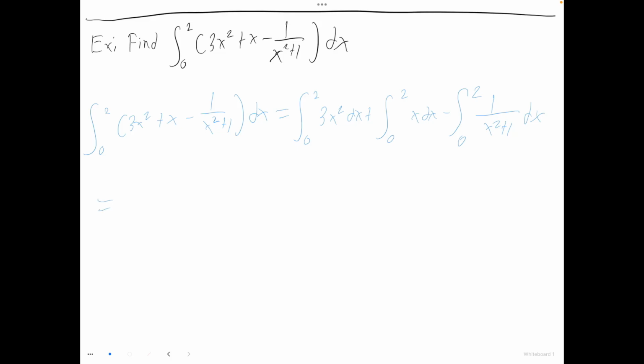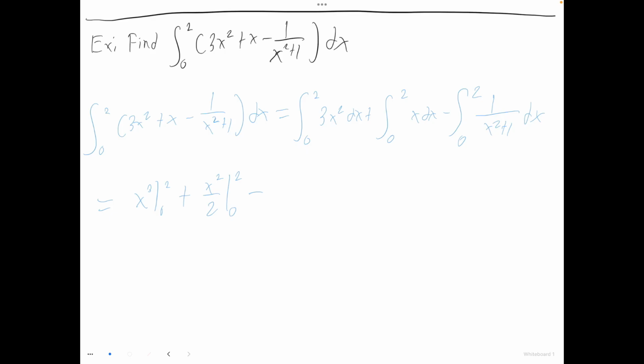And so here we need the antiderivative of 3x squared. Well, the derivative of x cubed is 3x squared. So we're going to get x cubed from 0 to 2, plus an antiderivative of x, that's x squared over 2, from 0 to 2, minus, now this is the one that you may not remember, but an antiderivative of 1 over x squared plus 1 is arctangent.